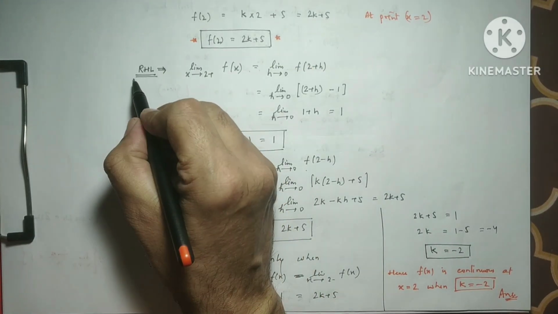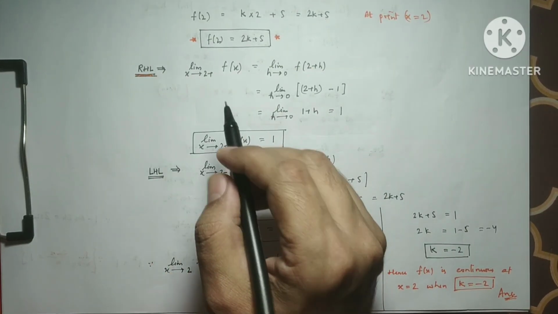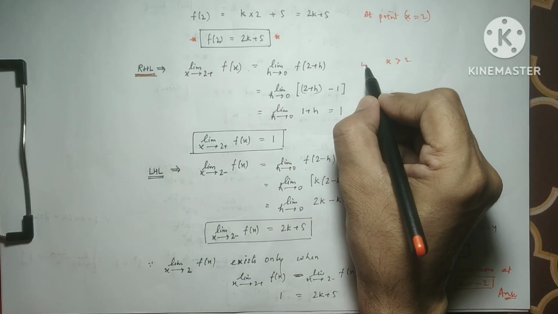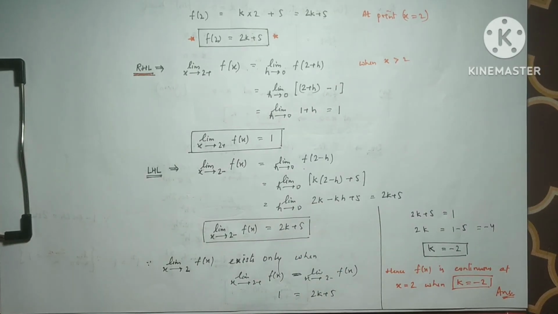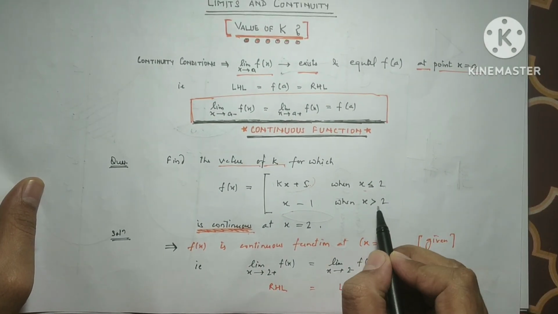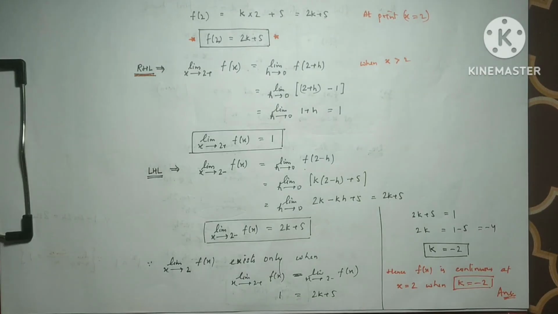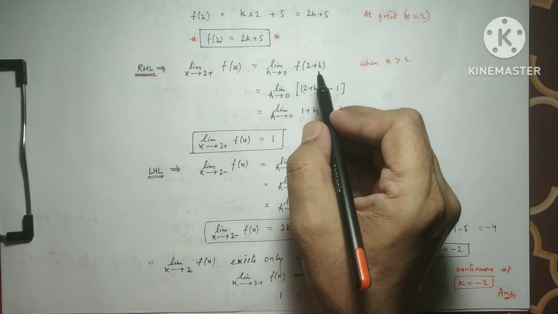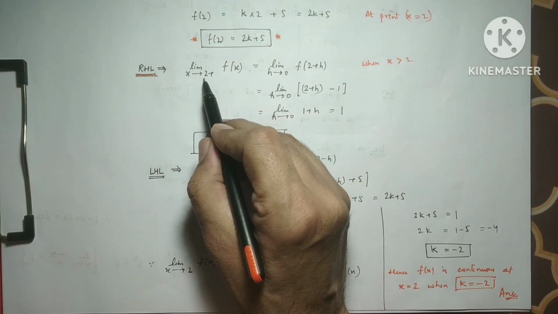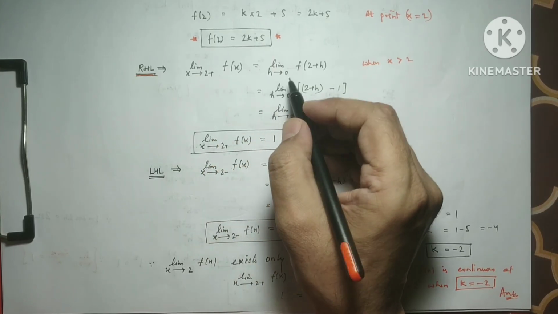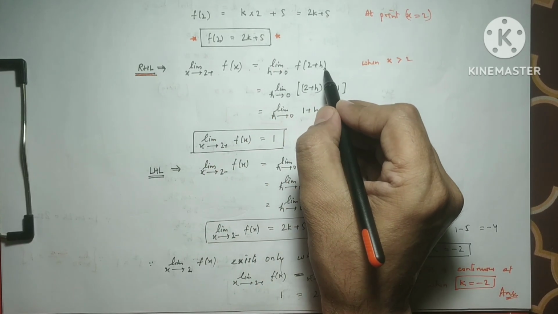Right now we go for the right hand limit, which means when x is greater than 2. So again we use the definition of the function in which x is greater than 2, and the function is x minus 1. So it is the limit as x tends to 2 plus a slight positive value h, so limit as h tends to 0 of f(2 plus h).